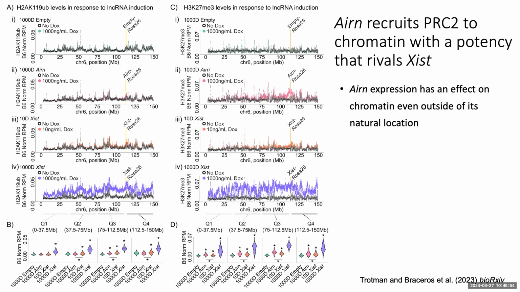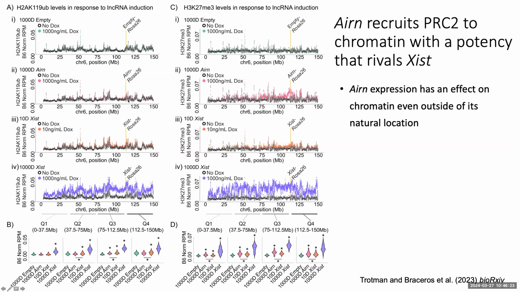Intriguingly, when we look at cells that express Air, we very clearly see the recruitment of Polycomb directed modifications. It's clearest when we look at PRC2 directed modifications. You can see when we express Air, there's this enriched region of PRC2 dependent modification that stretches for about 40 or so megabases, mostly centromeric from ROSA26.